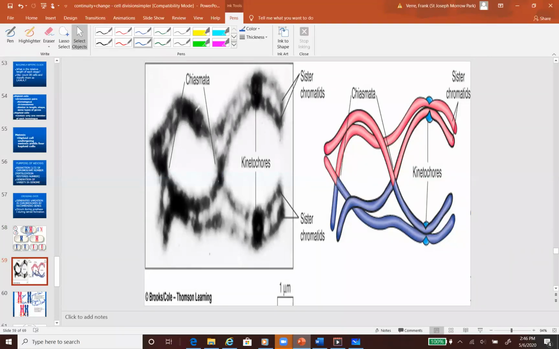This is when you go to another dimension. And that's what you're seeing here. It's called crossing over. Now, what happens in crossing over is that the DNA that mom donated and the DNA that dad donated actually exchange little sections.